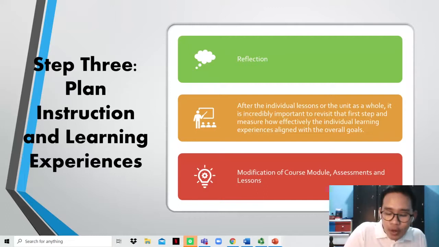Reflection will be the gateway for future modifications and alterations of the course contents that can help improve the individual learning experiences, which are still aligned with the goals.